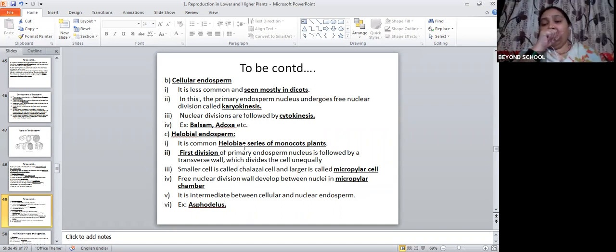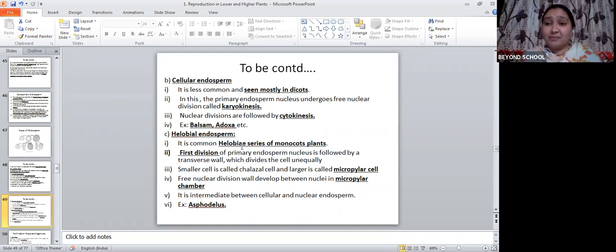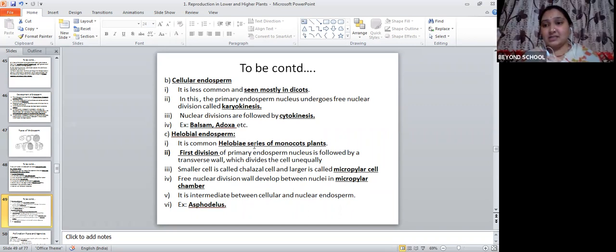When we see the first chapter, that is Diversity of Organisms in FYJC, that is in 11th standard. Now, family, if we talk about this, Helobial is Helobiaceae, right? But if you see the series, that is Helobiae. Mostly these plants, Helobiae, come under monocot plants.